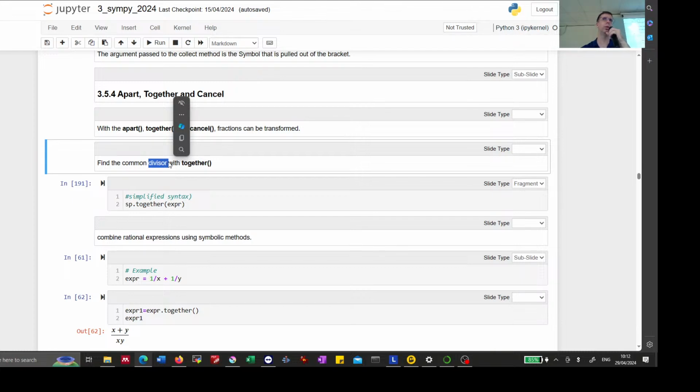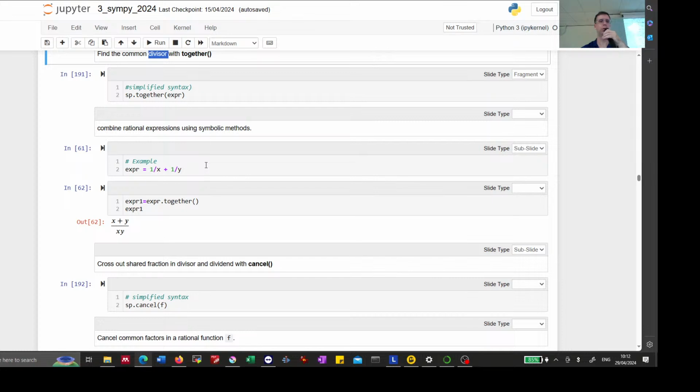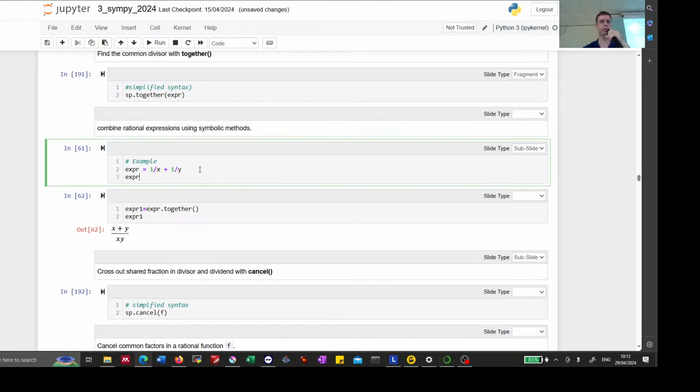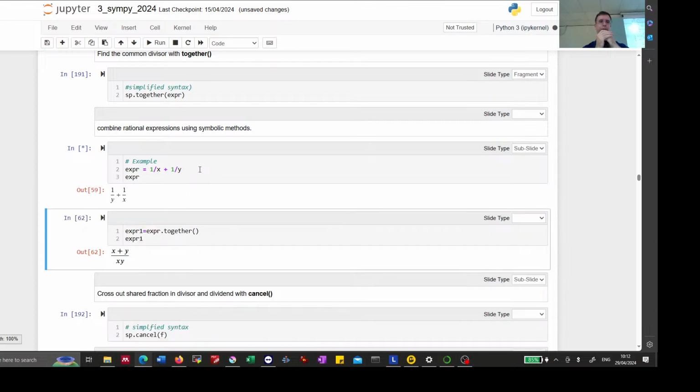Do you know what's the divisor? So when you have a fraction, you have like a line and then b on the bottom, right? Everything on the bottom is the divisor. Okay. So how do we do this? Let's work with an example. So we have here a very simple expression, 1 divided by x plus 1 divided by y.